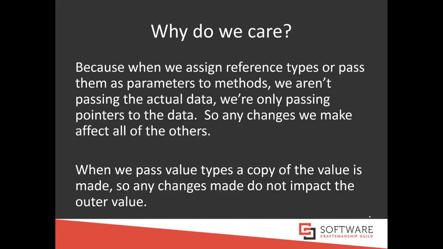So any changes you make to a reference type inside a method will affect all of the variables that are pointed to that data. But when we pass a value type, it makes a copy of the data. So any changes made inside do not impact the other values.